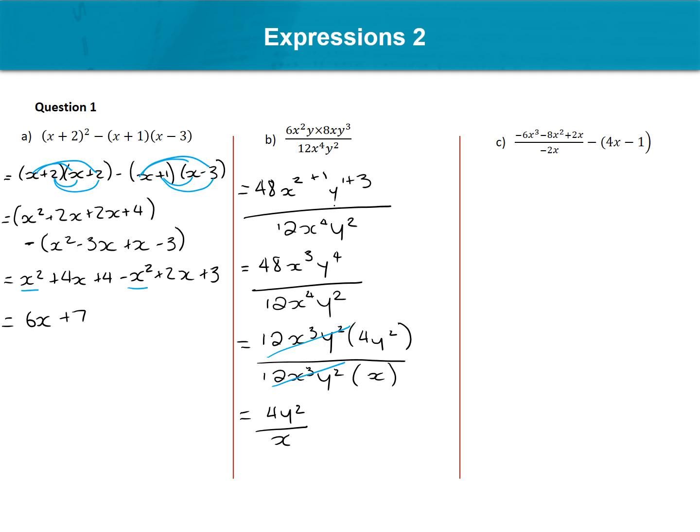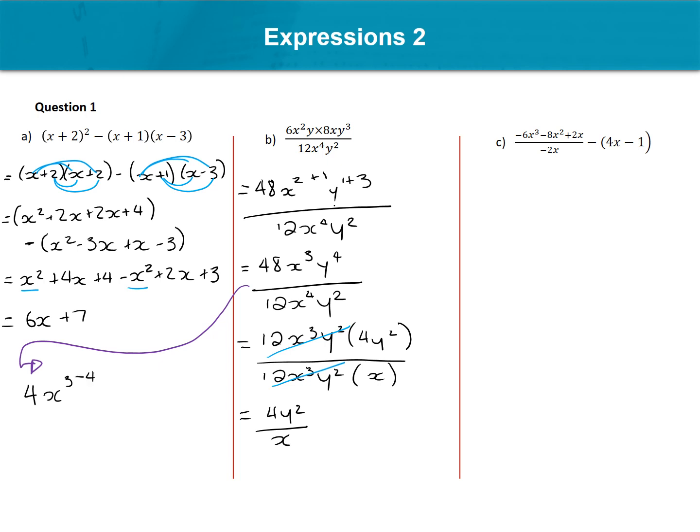If you want to do this another way, let's go from here. You can divide 48 by 12, and you end up with 4, and then x to the 3. The x to the power 4 in the denominator, if you bring it into the numerator, you make it a negative.